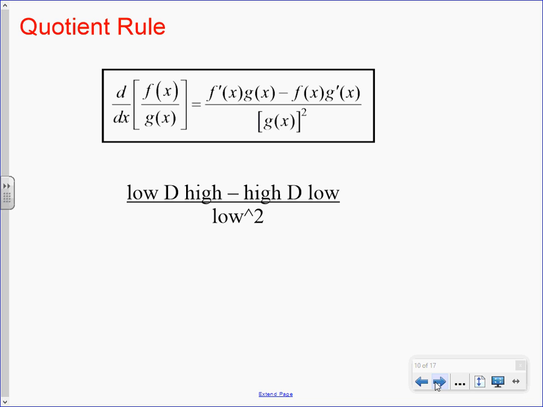Don't feel like you need this, but you do need to remember this specific order, otherwise your derivative is going to be incorrect. How does the numerator compare to our product rule? It's subtraction in between. Otherwise, we're following the same pattern.